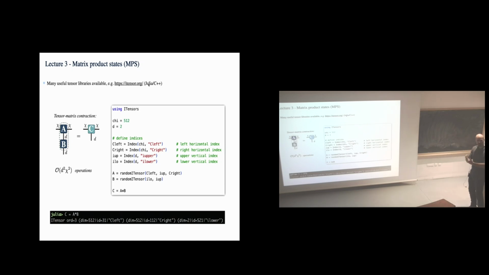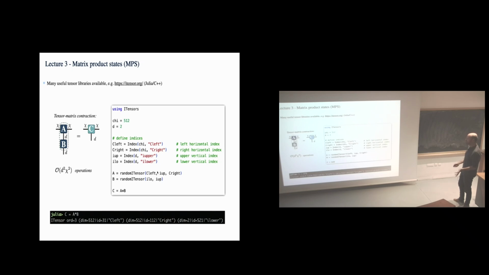You don't have to worry about how you order your indices, because usually you have these three-dimensional tensors, then you have to remember where your dimension is in your tensor, and permute dimensions and do things like that. Here they take a different approach. In this type of toolbox, you can first define the indices as a type of object. So I have, for example, this three-dimensional tensor A and a matrix B, and I want to get this tensor C. One can define these indices: a left chi, a right chi, an upper and a lower index.